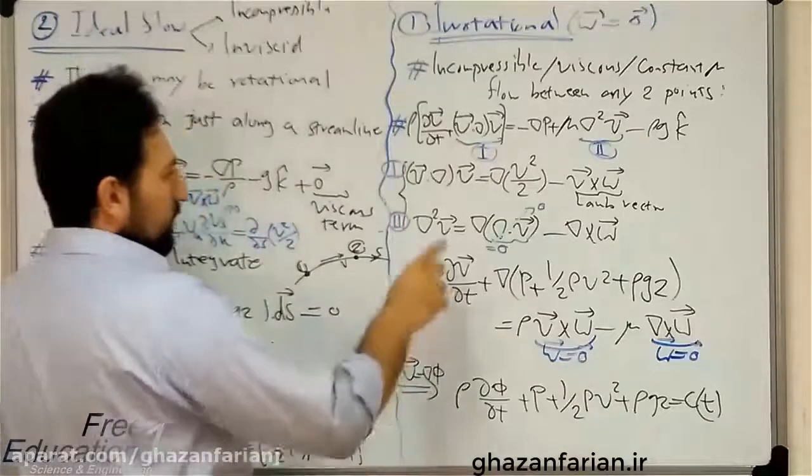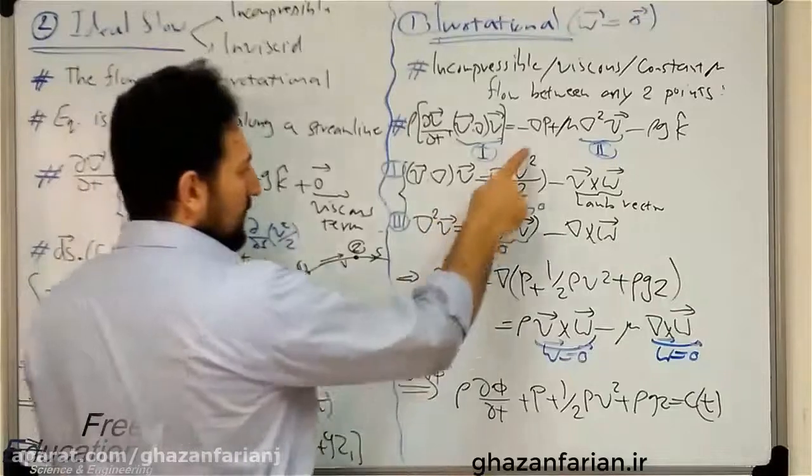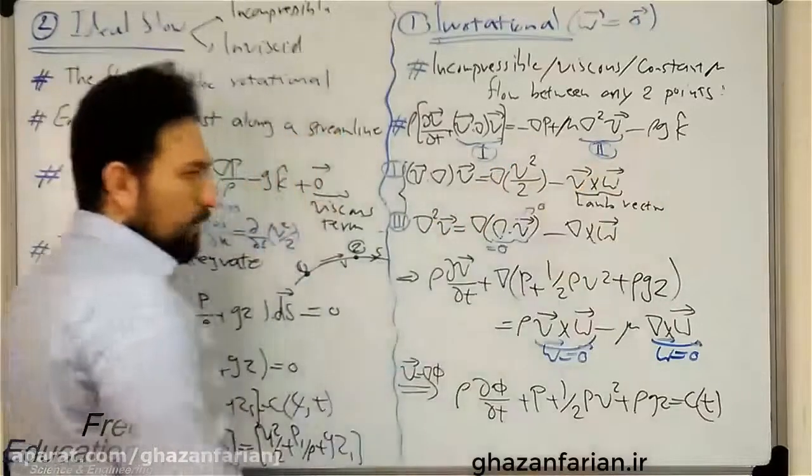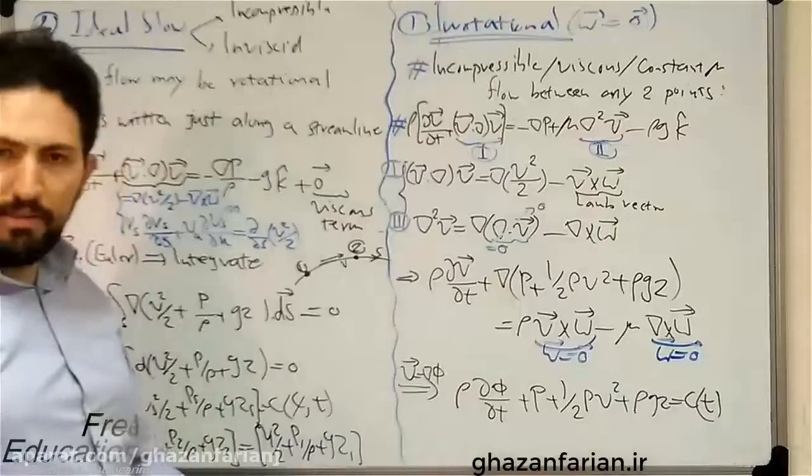Also, we have three terms: this one, the pressure force, and the gravity force, all of which can be written as the gradient of something.